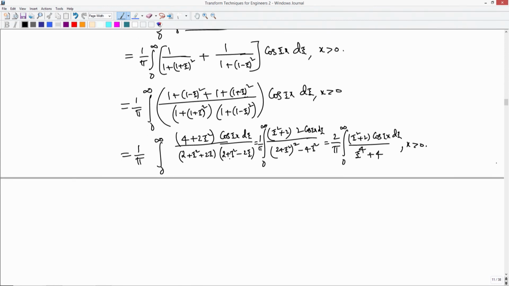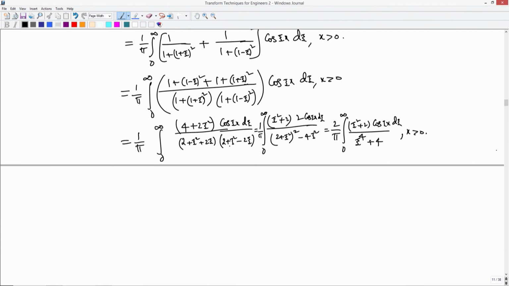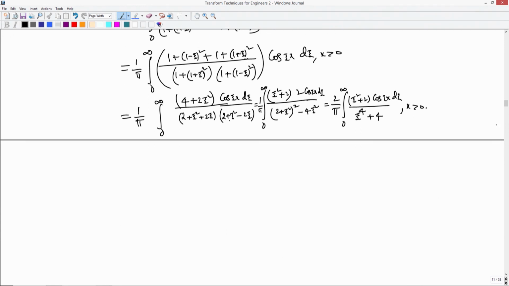Next, I will try to show what is the Fourier transform of a delta function of x. What is the Fourier transform of the delta function?